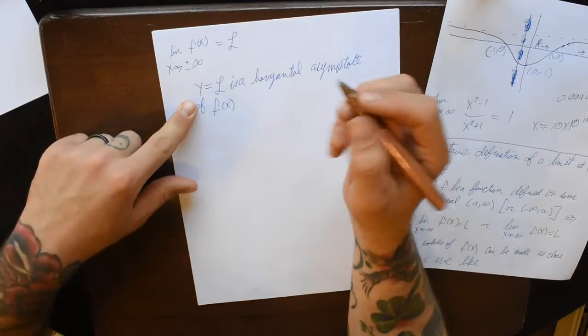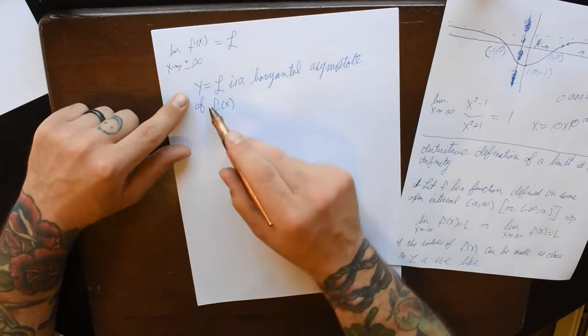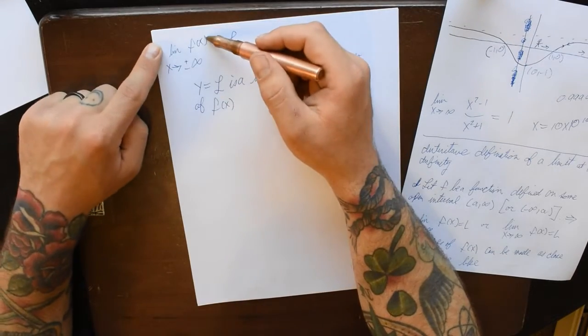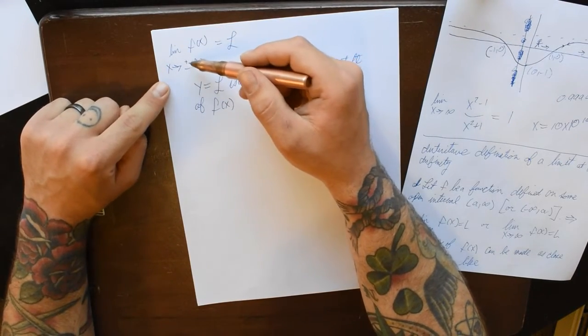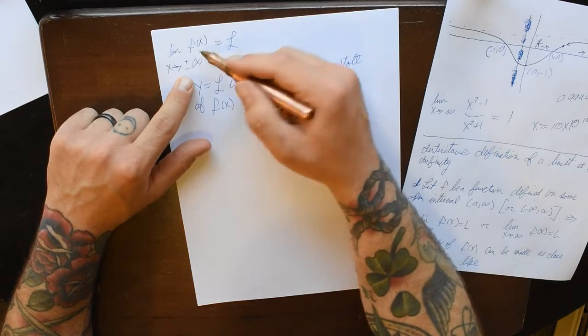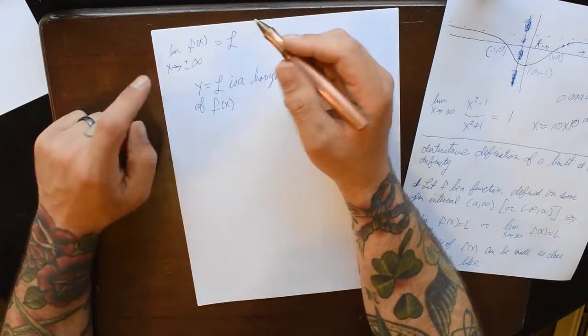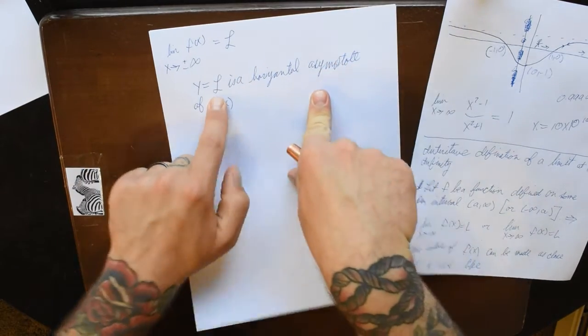If the limit of f of x as x grows without bound, in either the positive or the negative direction, is equal to a value, then we take that value to be a horizontal asymptote.